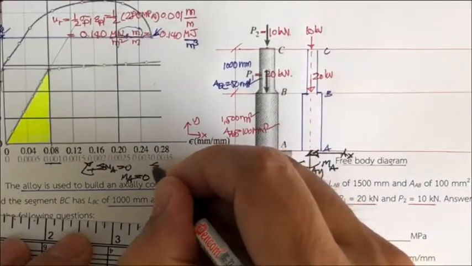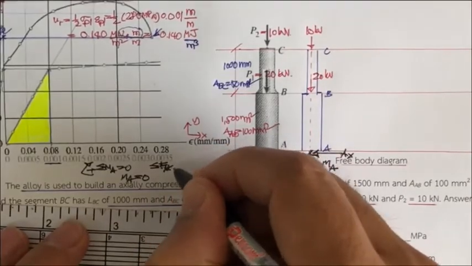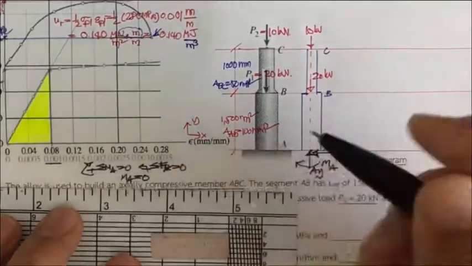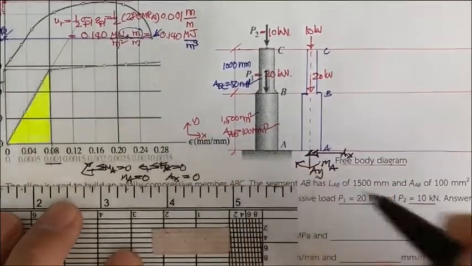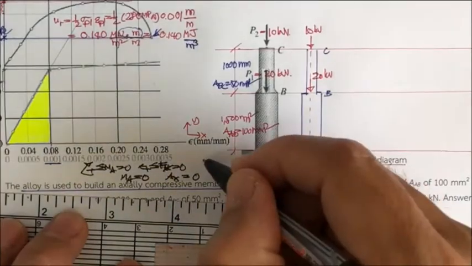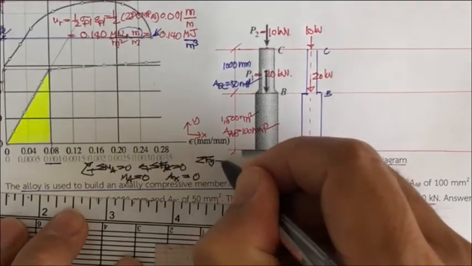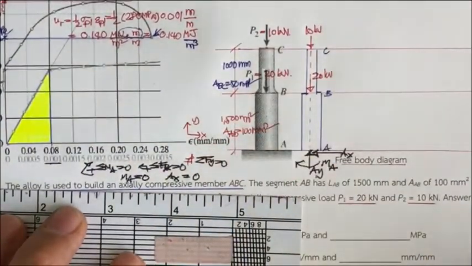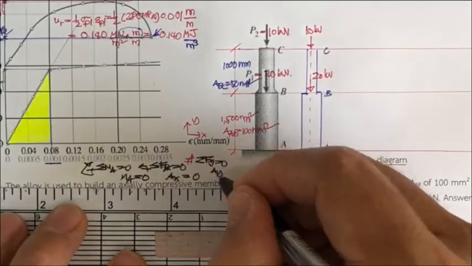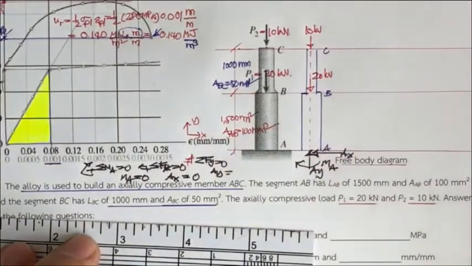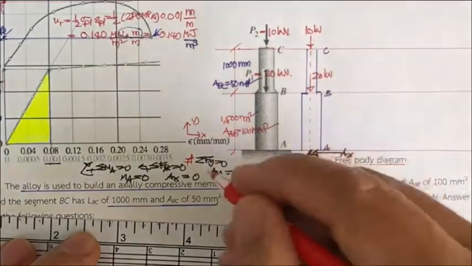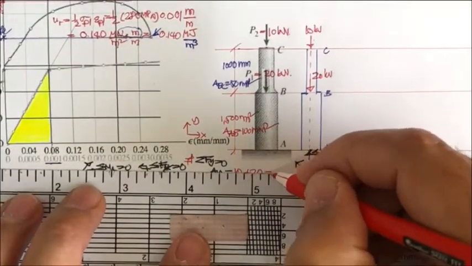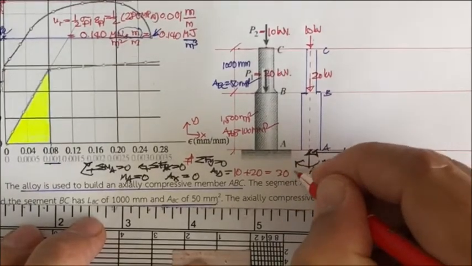The same thing, summation of F sub x equal to 0, so A sub x is also 0. The only one we have is summation of F sub y equal to 0. Upward is positive, so A sub y equals 10 plus 20, which is 30 kilonewton.